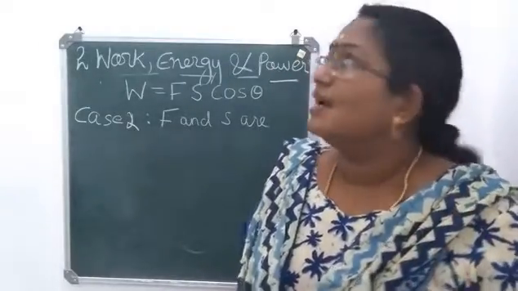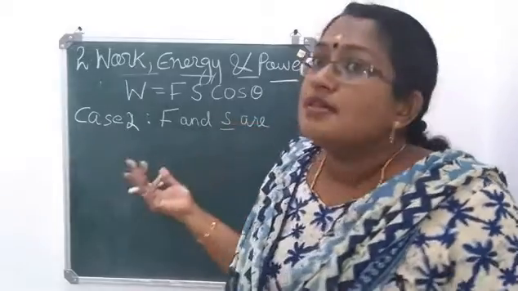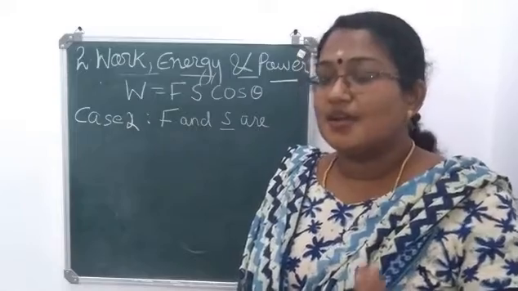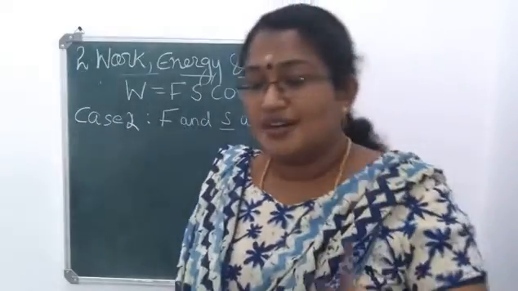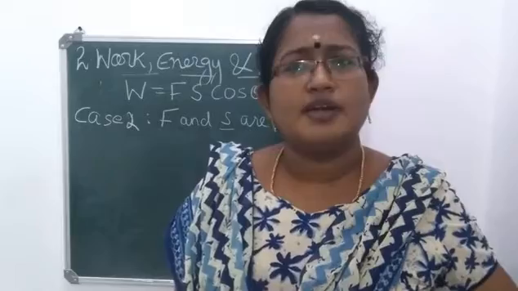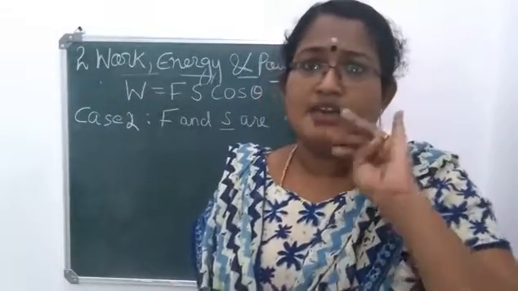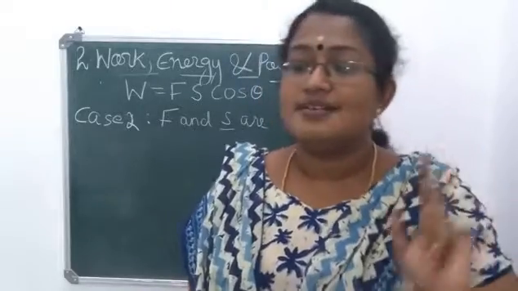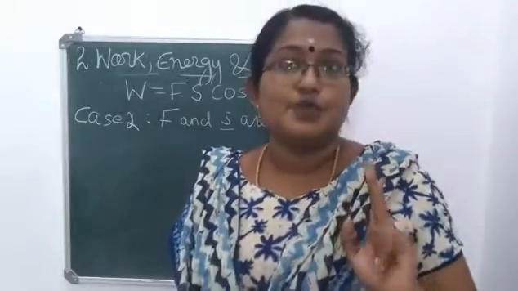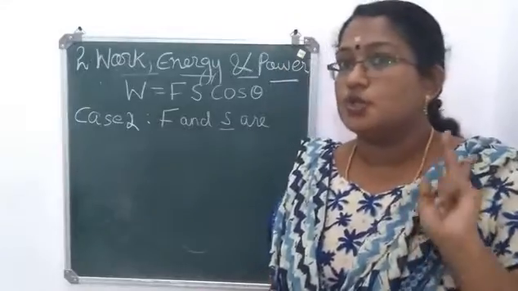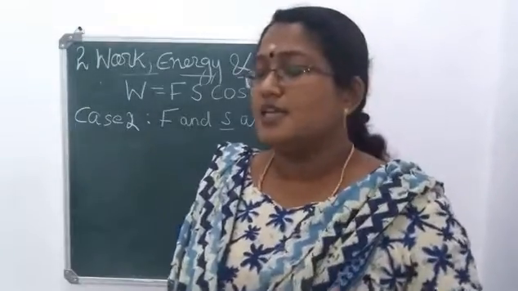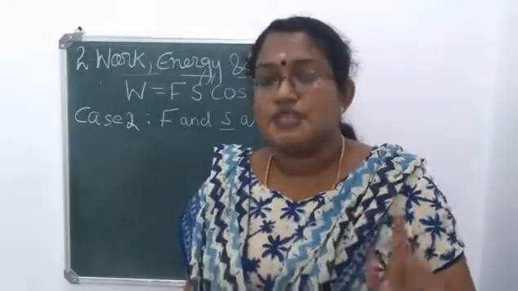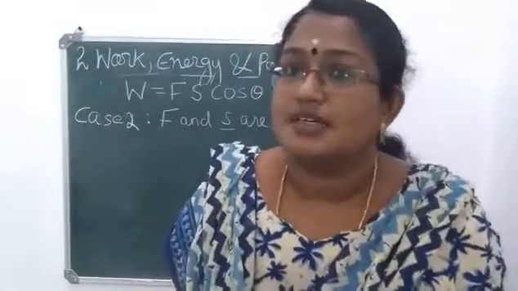Now the second one, if displacement is 0, no work is done. If force is acting on a body but there is no displacement, no work is done. Then the second one, if force and displacement are perpendicular to each other. Okay, so that also you should note in your book. If force and displacement are perpendicular to each other, then no work is done. Similarly, if displacement is 0, then also no work is done.